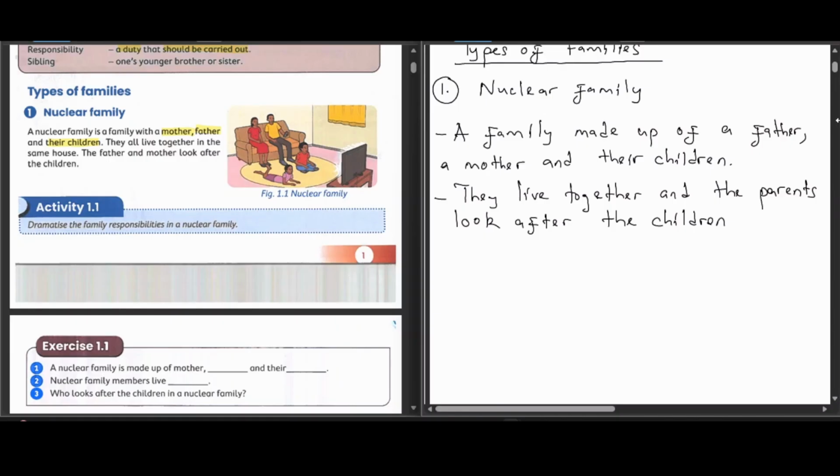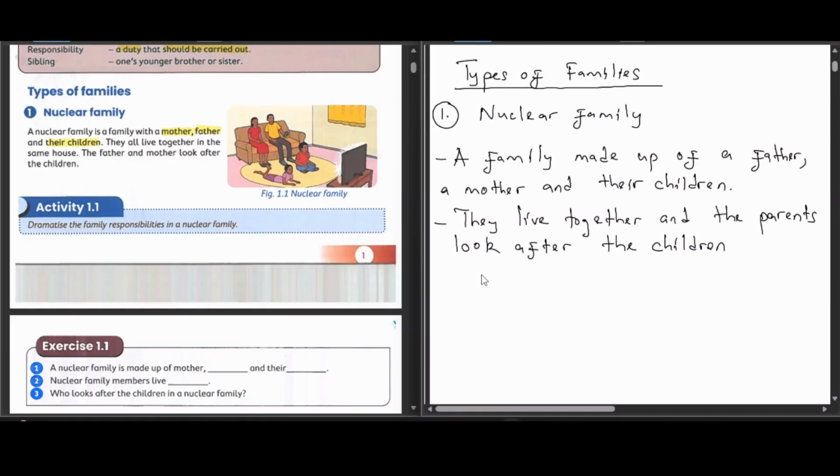So let us write it down. We want to look at family responsibilities in a nuclear family. What are these?